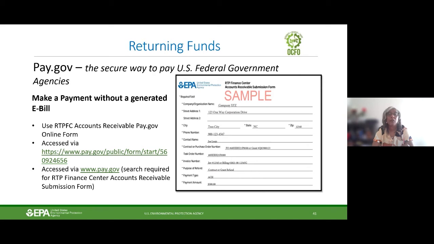If you have received a bill, there's a bill number that would be attached to that particular bill, and that information needs to be on whatever means that you are returning the money to the EPA. That allows us to immediately know what grant the funds need to be applied to.